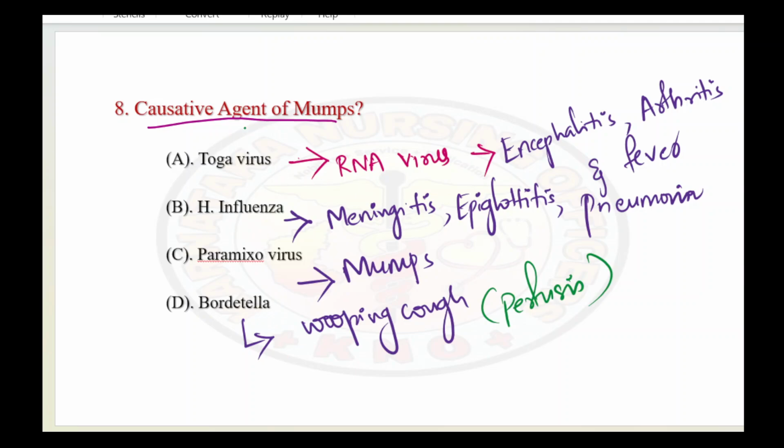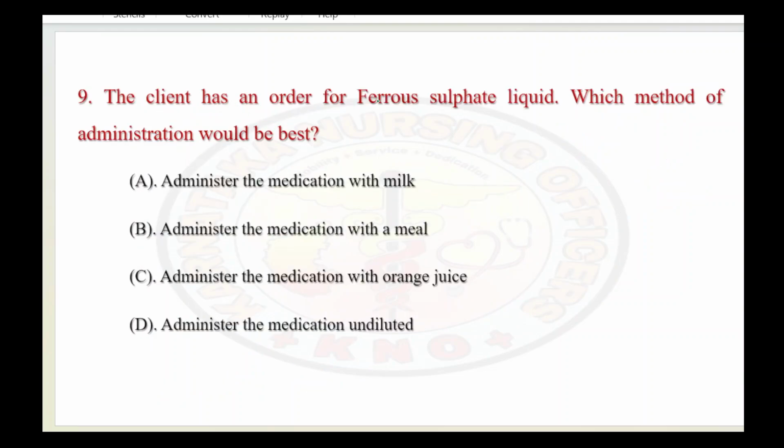Okay, so here the answer is option C. It is not Toga or Haemophilus influenza or Bordetella. It is paramyxovirus. It is causing mumps. Whooping cough is caused by Bordetella. Meningitis is caused by Haemophilus influenza, meningitis and pneumonia as well. Toga virus might cause encephalitis, arthritis, and fever. Okay. So let's see the next question here.